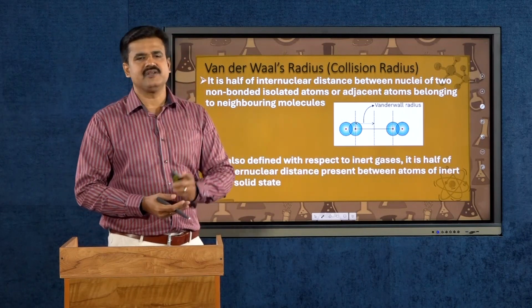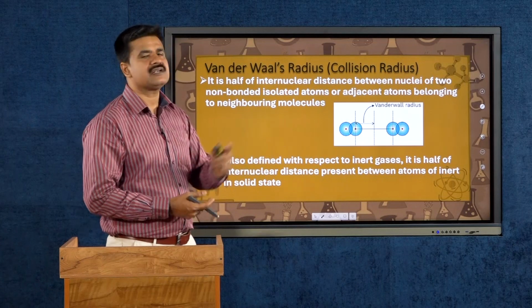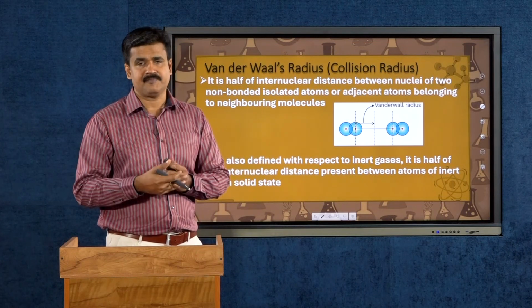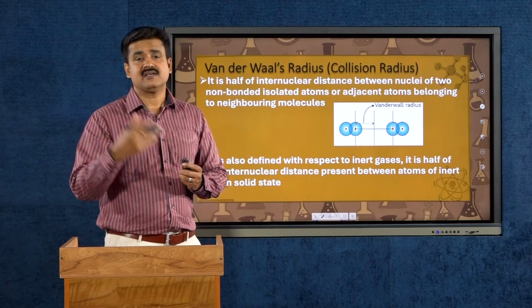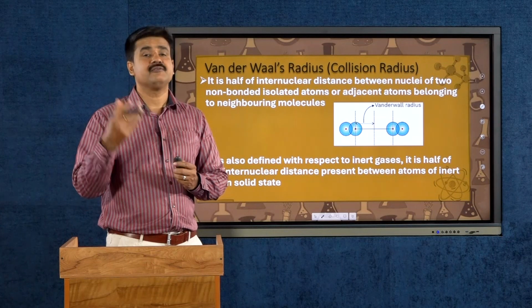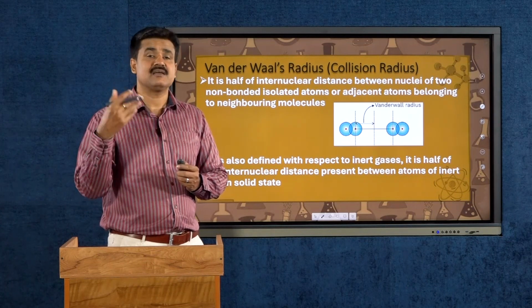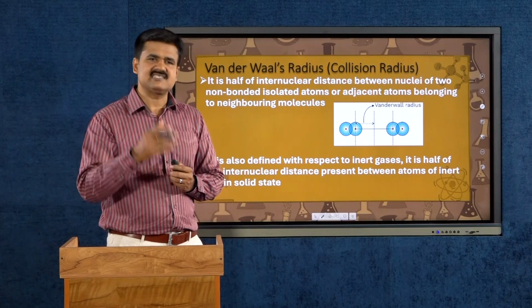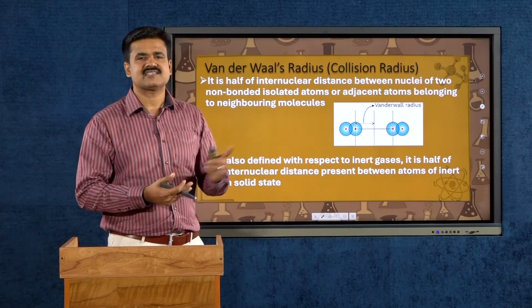It is also defined with respect to inert gases. It should be noted that in the case of the inert gas, there is no bonding. There is not even a diatomic noble gas. Helium cannot be bonded to another helium. They are individual atoms. They always have a stable electronic configuration and they will not combine mutually. So, in such a case, you can also define van der Waals radius like this.